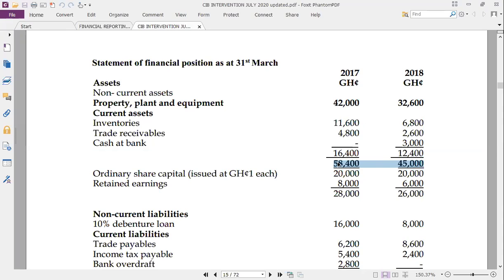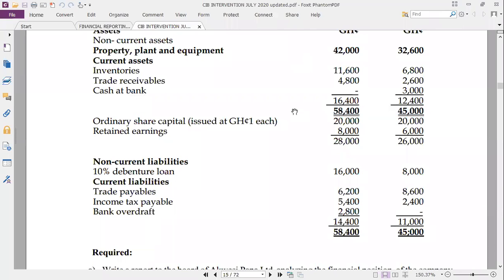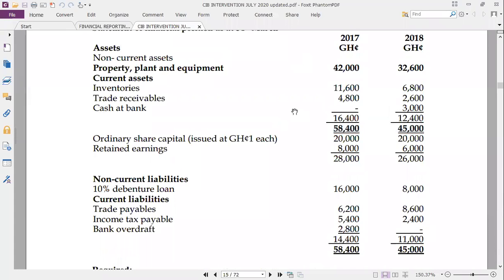That is all. So all the items: PPE, then you go to inventory, receivables, cash at bank, then ordinary share capital, retained earnings, all the items one after the other. Then you are done. Let's try and see if we can do maybe one or two.